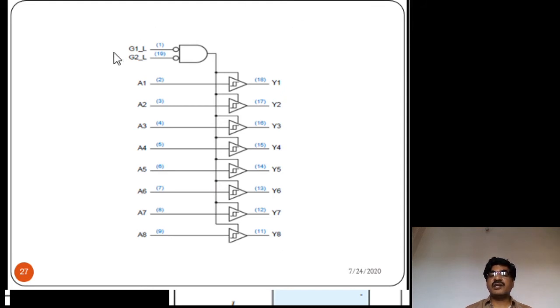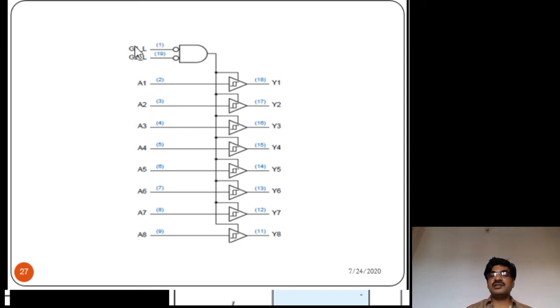Whenever G1 and G2 are both 0, the output of the AND gate becomes 1. Therefore, all these buffers are in the active mode because their enable is active high. It requires logic 1 value.